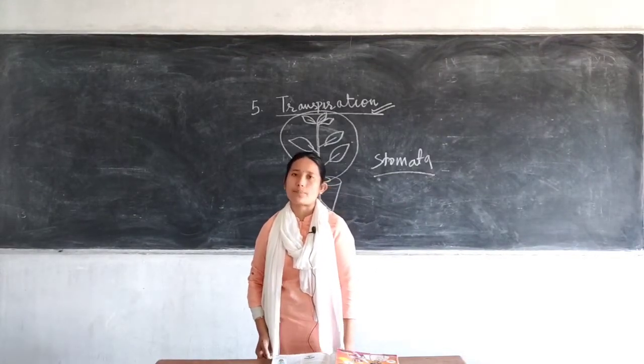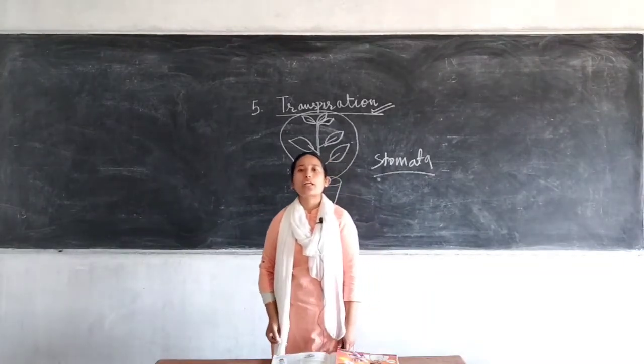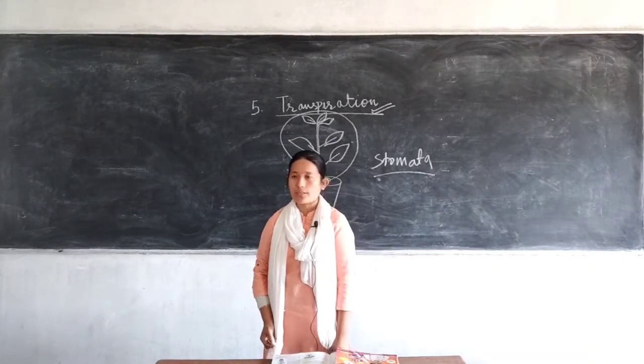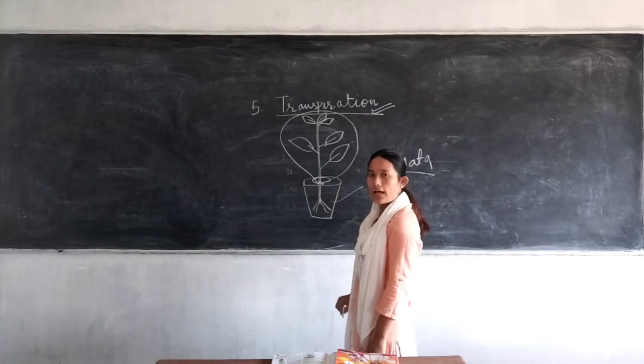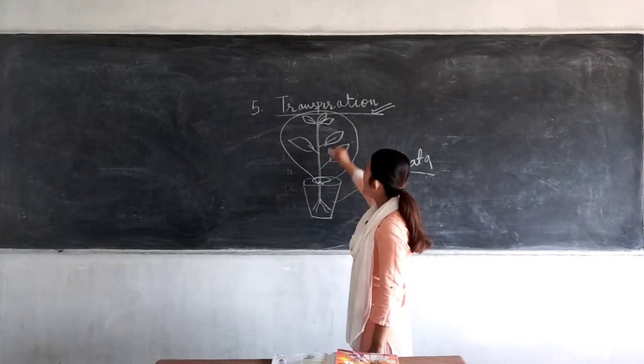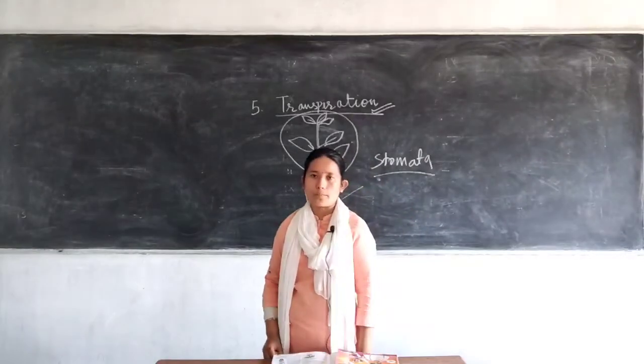So the first experiment is to demonstrate that transpiration occurs in plants, okay. For that, what do you need? You need a potted plant. What will you do to this potted plant?